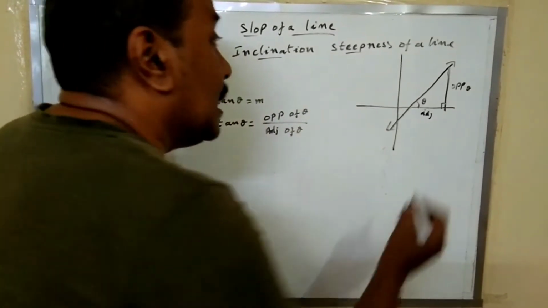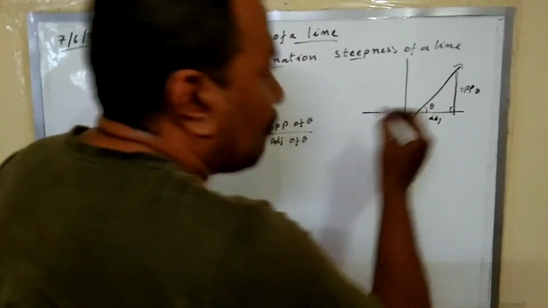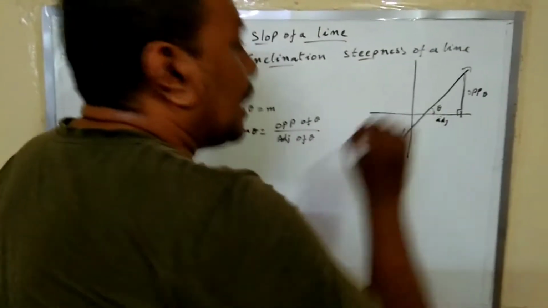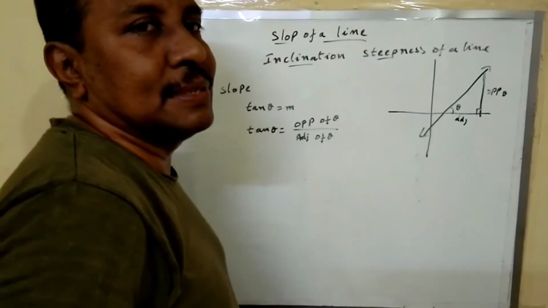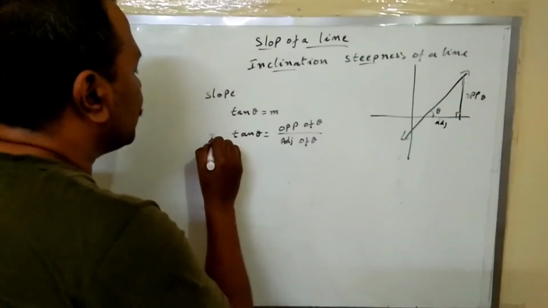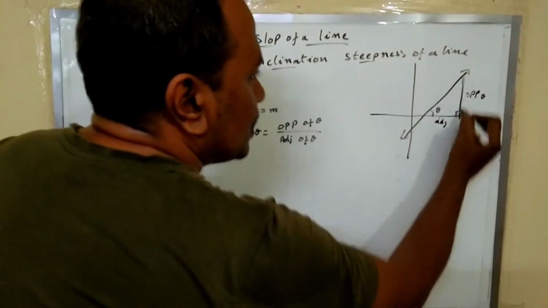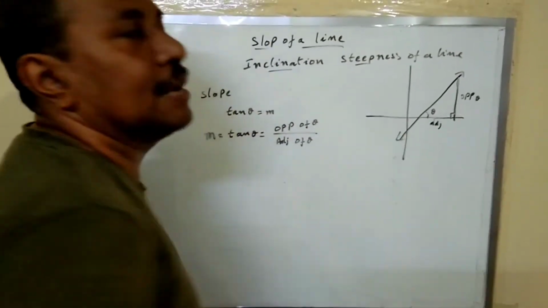Because the ratio of these two sides is what the slope depends on, we have to take tan of theta. So finally, the slope is denoted with small m, which is equal to tan theta, which is equal to the opposite side of theta by the adjacent side of theta.